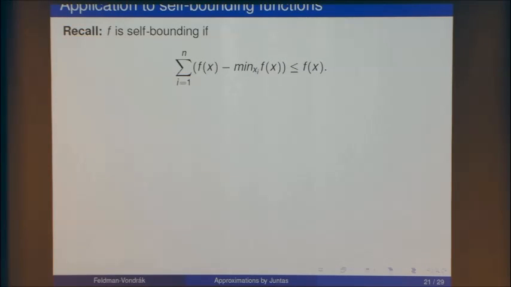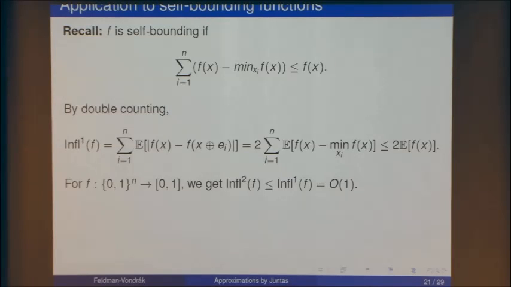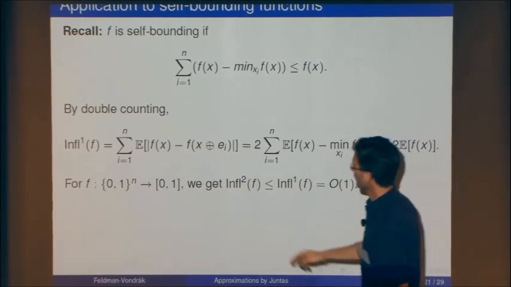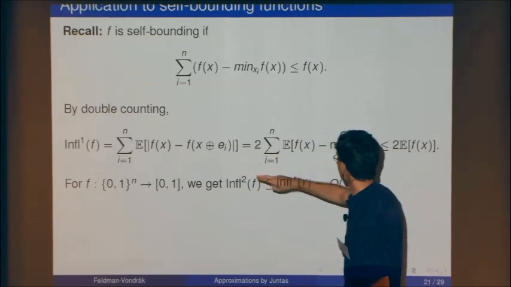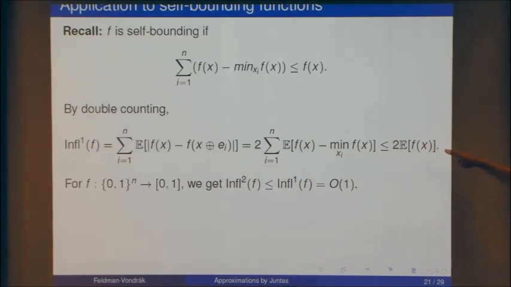Now, why is this useful for self-bounding functions? This is a very simple connection, but I think it's nice to make it explicit. For a self-bounding function, let's say for now the values are restricted to the 0-1 interval, you can bound the L1 influences by the expected value of the function itself.